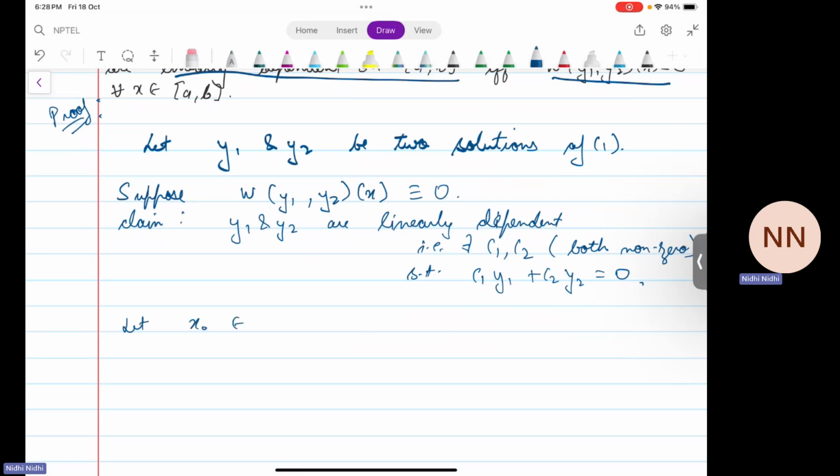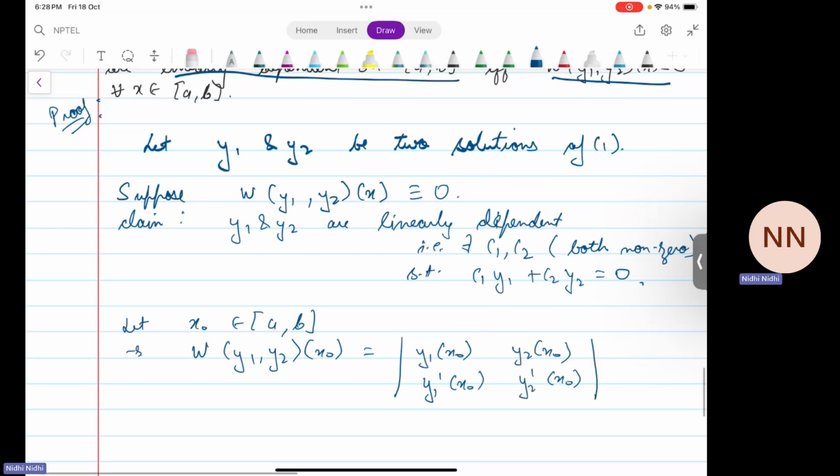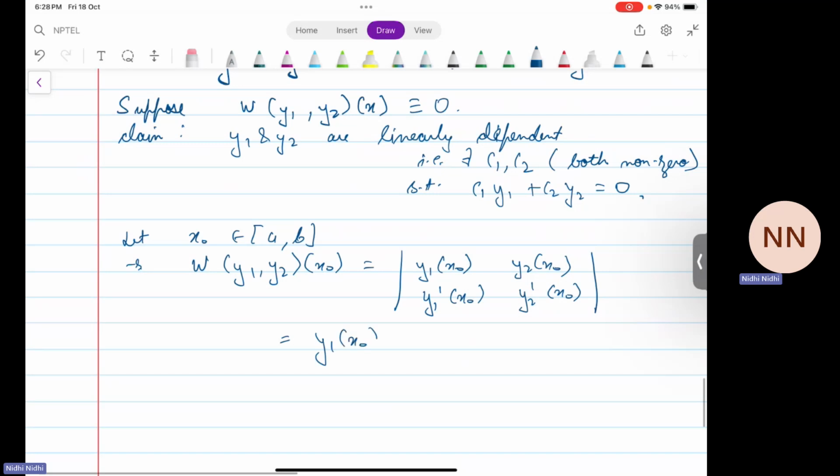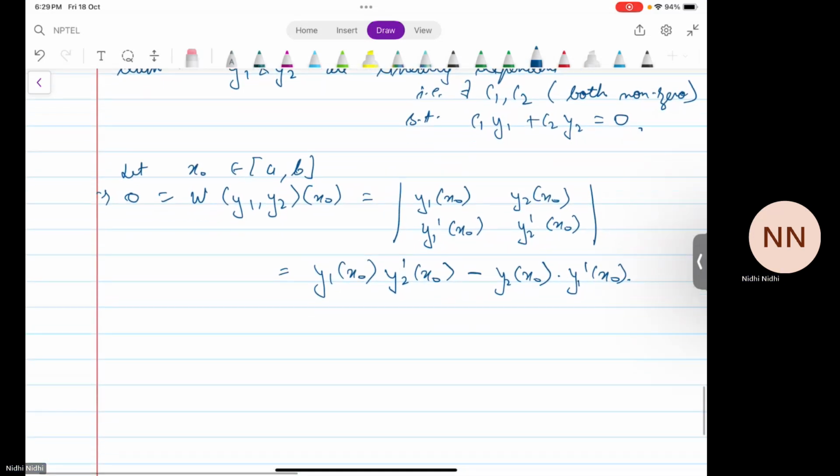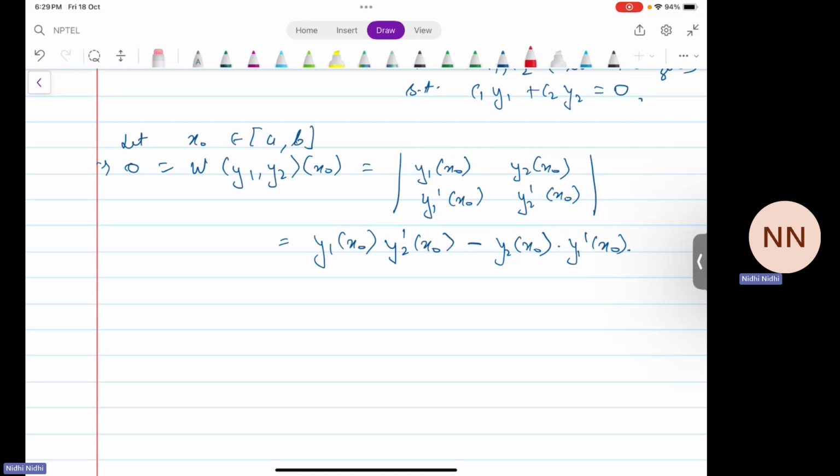Now this implies the Wronskian of y1, y2 at x naught is equal to the determinant of y1 x naught, y2 x naught, y1 dash x naught, y2 dash x naught, which is y1 x naught times y2 dash x naught minus y2 x naught times y1 dash x naught. This is equal to 0. Now let's mark this as second.